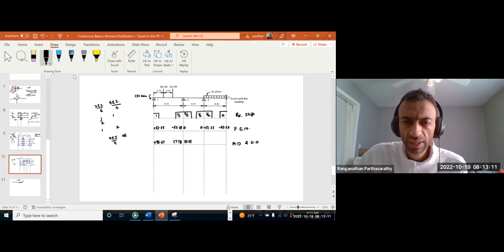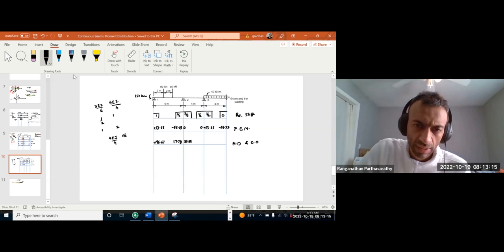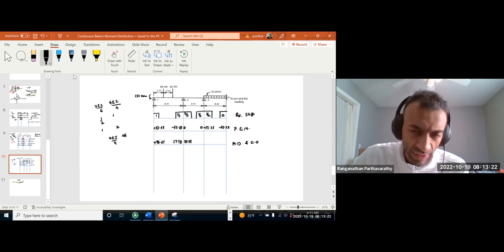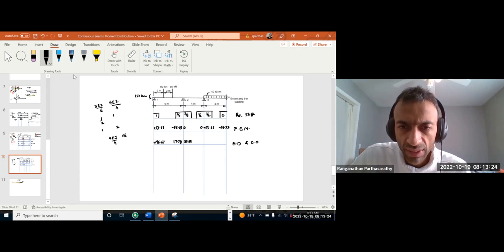And here we have positive 53.33, they will go half and half. So that is 26.67 negative, negative.